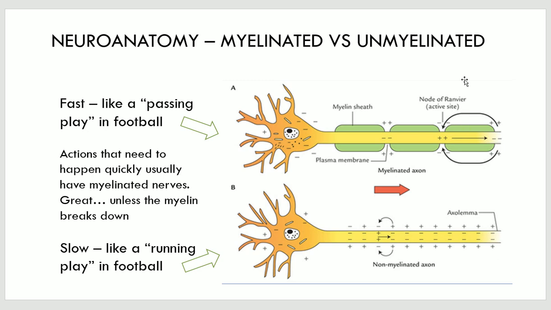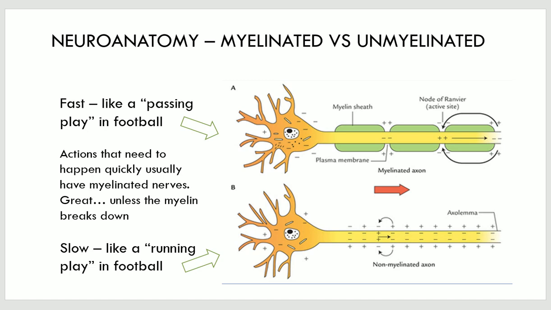Like a passing play in football, they just pass right into the end zone. So what would happen when myelin starts to break down and can't fire as rapidly? Think about that, and we will talk about it later in this chapter, and more in future chapters.